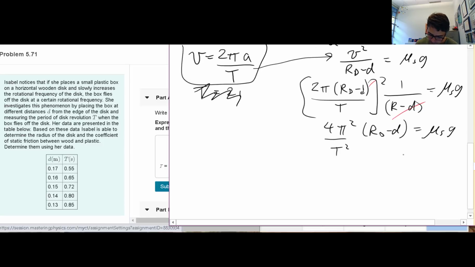We're going to solve for the period. So let's get all the periods on one side of the equation. You've got 4 pi squared divided by mu sub s times g, times (r_d minus d), is equal to t squared.